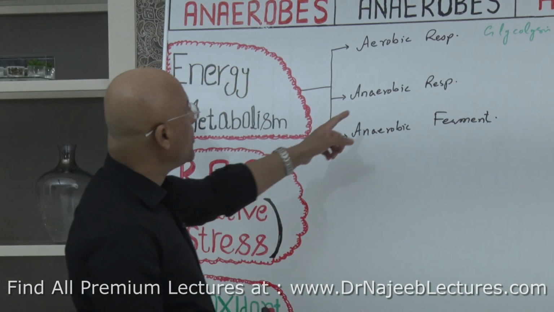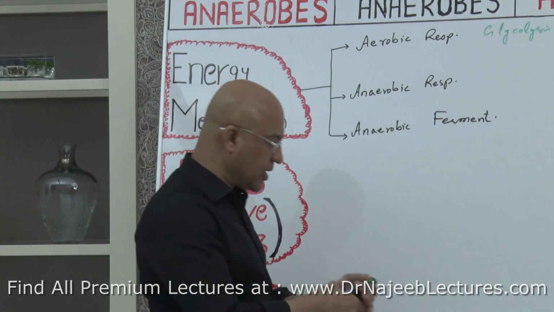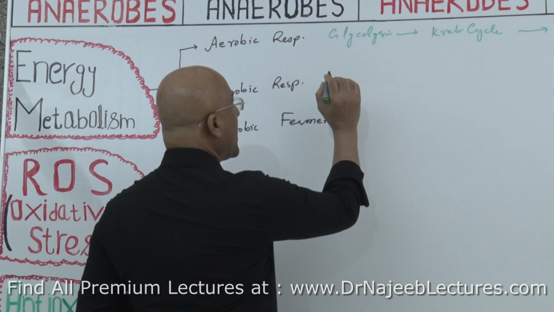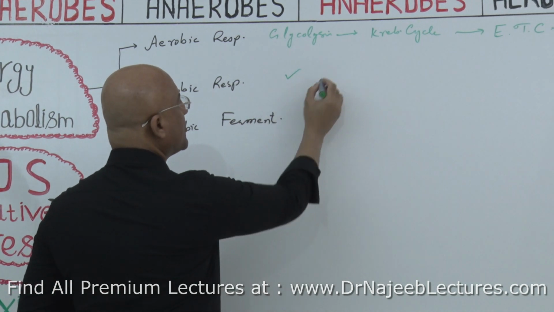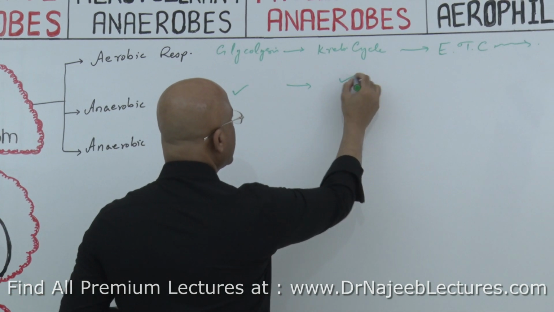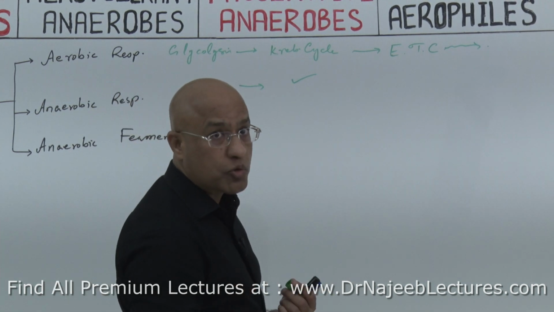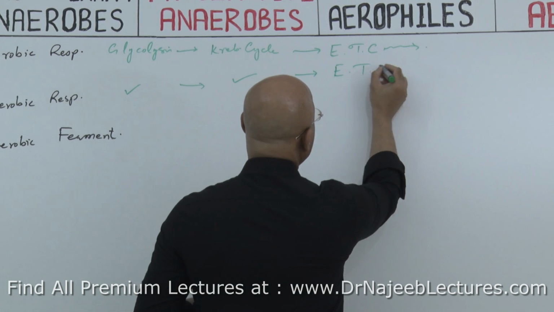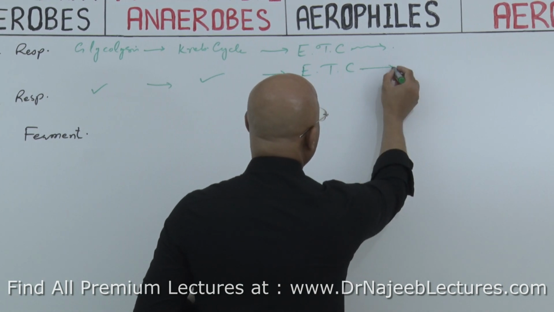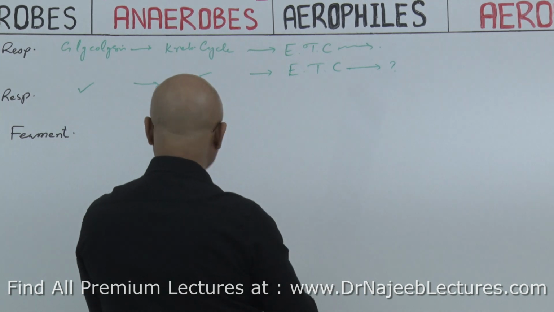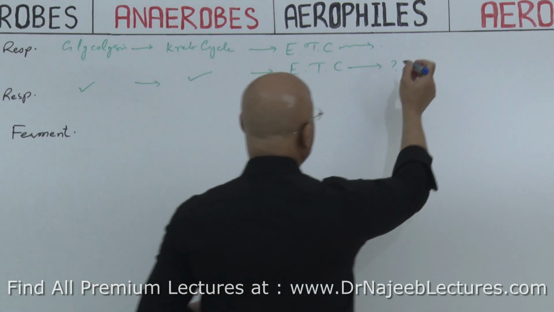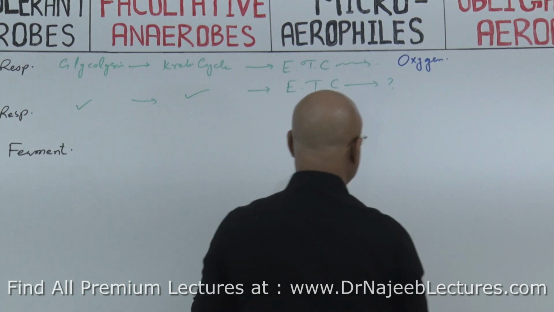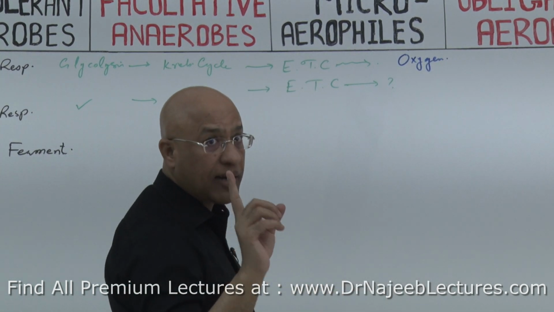When bacteria are doing anaerobic respiration, they do glycolysis and pass the products of glycolysis through the Krebs cycle. There is also an electron transport chain, but here is the difference: in aerobic respiration, oxygen was used as the final electron acceptor.